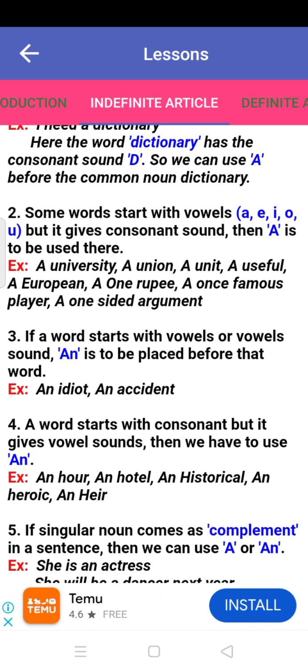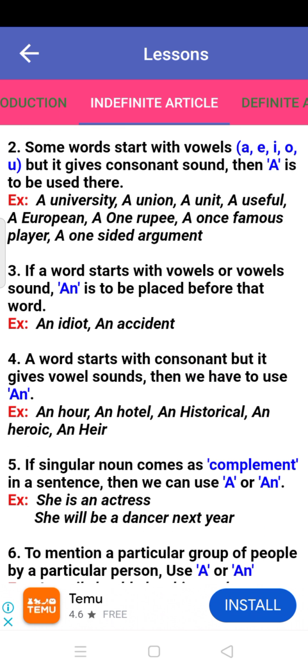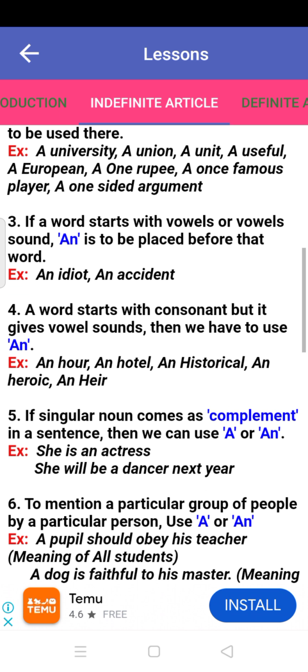Then a is to be used there. Examples: a university, a union, a unit, a useful, a European, a one rupee, a once famous player, a one-sided argument.